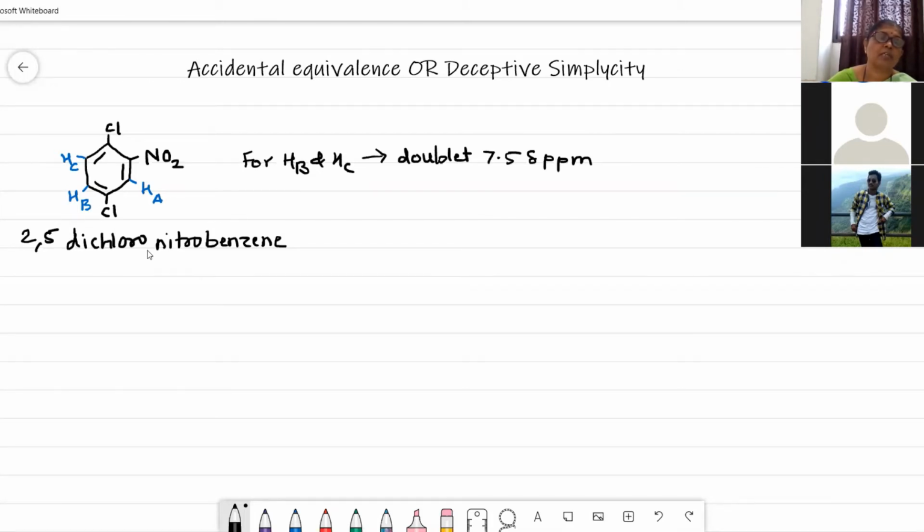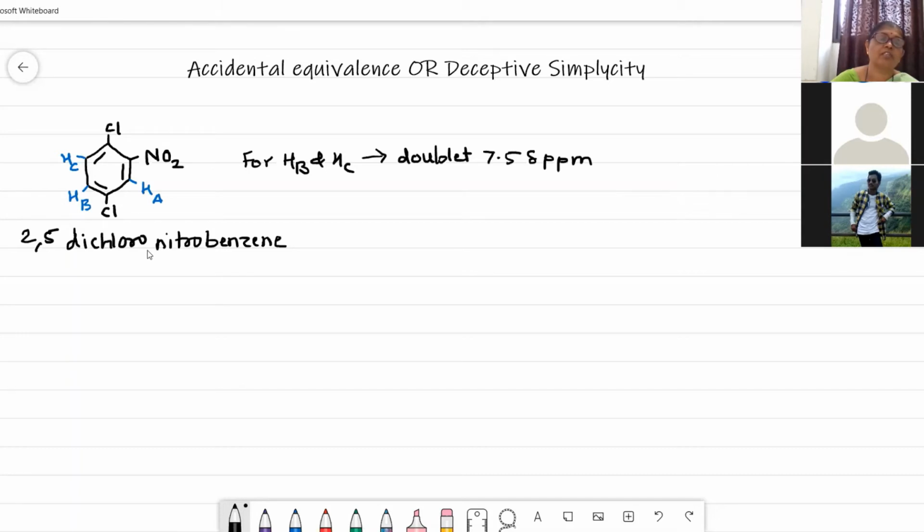But the coupling of HB with HA and HC with HA is different. Remember that. Then also they give the doublet at 7.5 delta ppm. Such type of observation is known as accidental equivalence or deceptive simplicity.